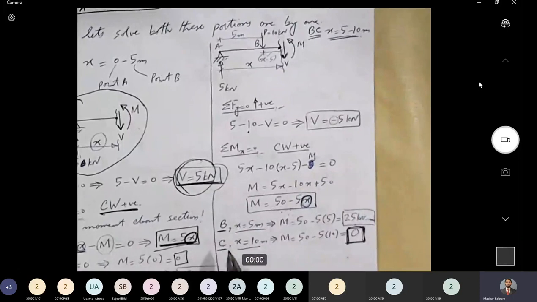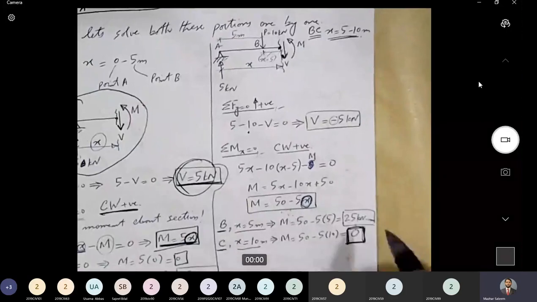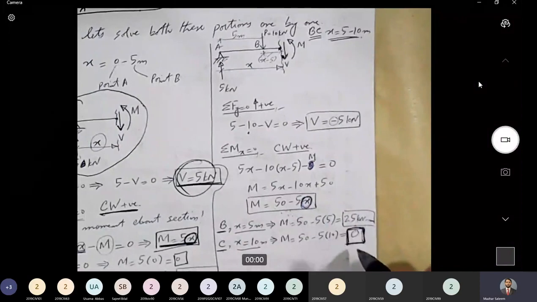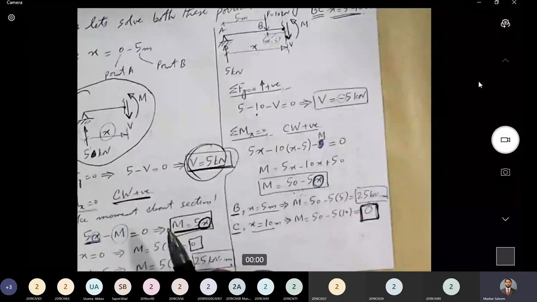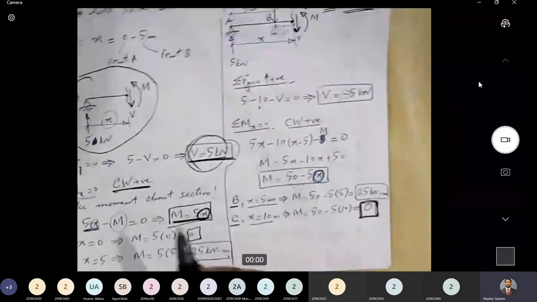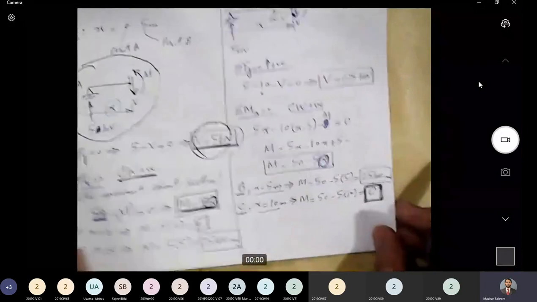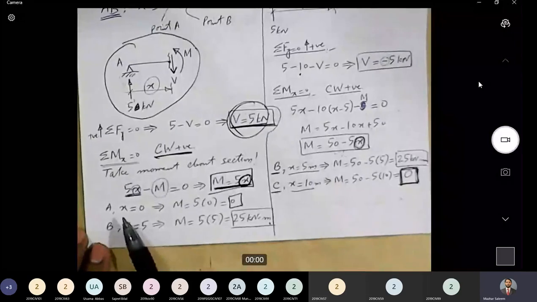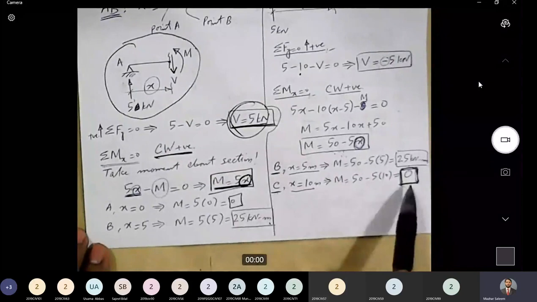Then we put the value of x for point B and point C. For point B, we got the value of moment as 25 kilonewton meter, and for point C, we got 0 moment. The important point to note is that at point A we got bending moment as 0, and at point C we got moment as 0.